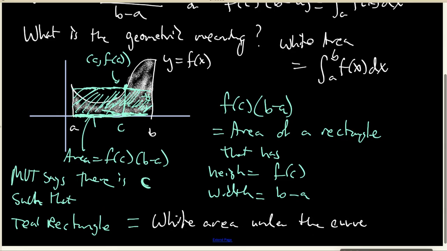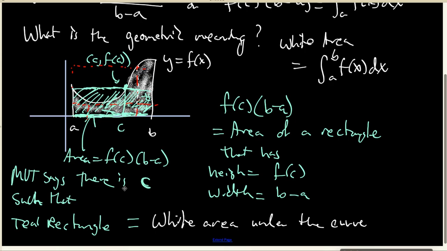In other words, if I start looking at all of the possible rectangles that have height drawn by basically just dropping the height down from the function and making that into a rectangle, this one is obviously too big, and this one here would be obviously too little. But there is one that is just right. It's kind of like a Goldilocks theorem if you think about it.